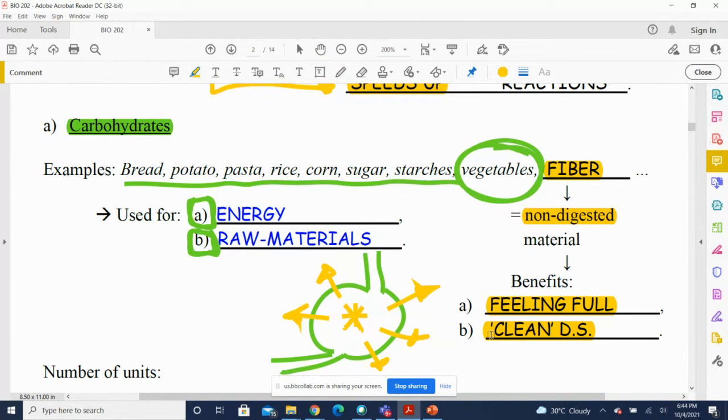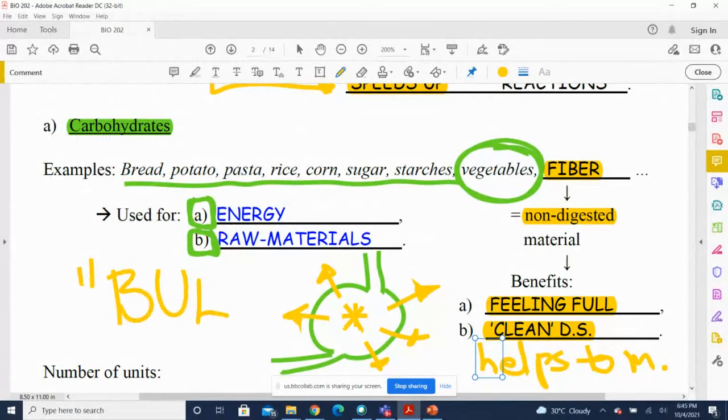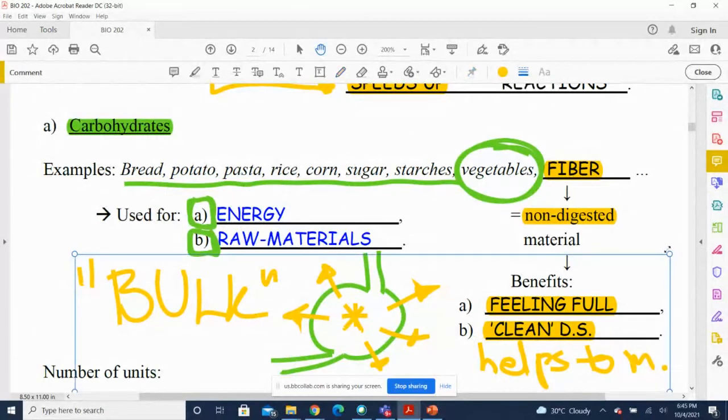And by doing this, helping to push the material along the tract, it helps us also clean or scrape the walls of the digestive tract. So it is important to get this bulk from the diet. So those are the things that I do want you to know about the fiber, and why fiber would be an important part of the diet.